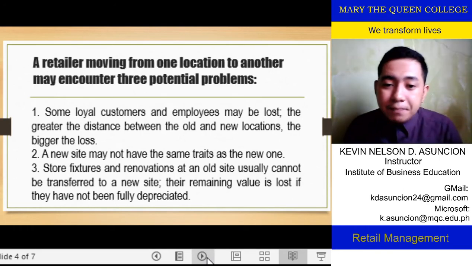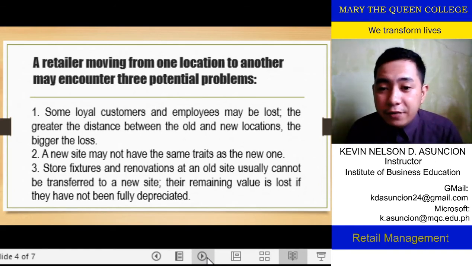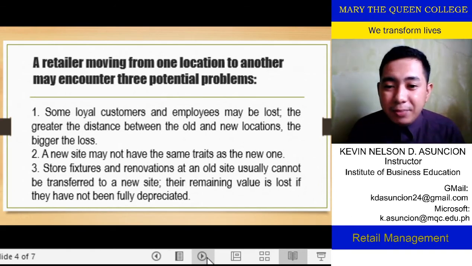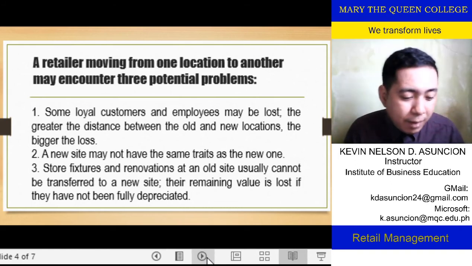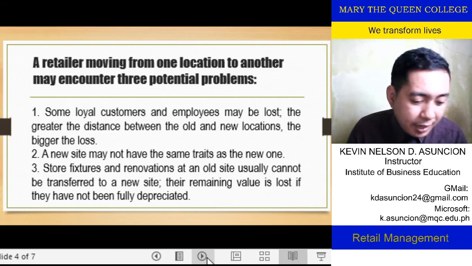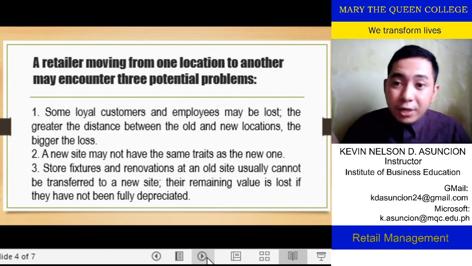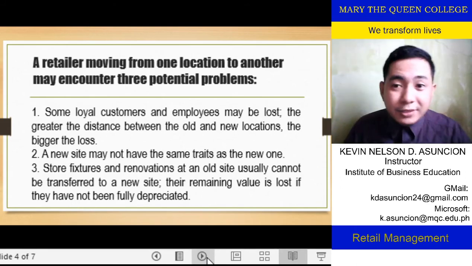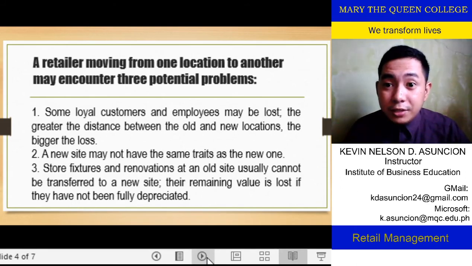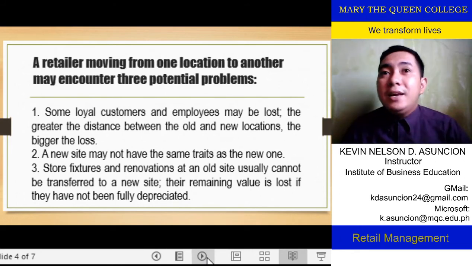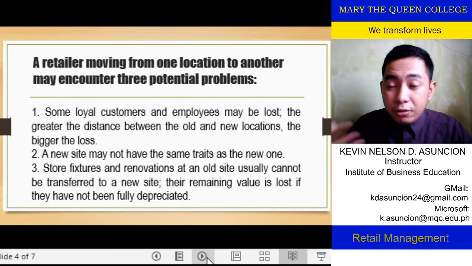And number three, store fixtures and renovations at an old site usually cannot be transferred to a new site. That is included in what we call a leasehold agreement, wherein they get left with the lessor, the one leasing out the property. Like what happened with McDonald's before, the McDonald's Guagua at the Plaza. When they left, PB benefited because it's a leasehold improvement.